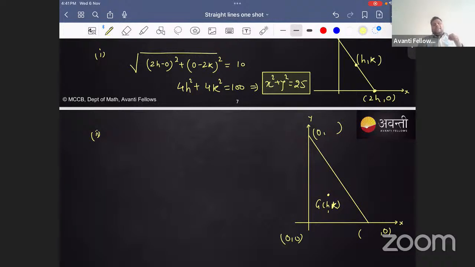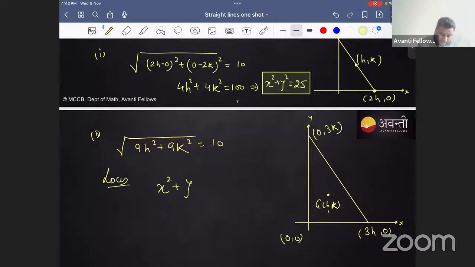See, (x1 plus x2 plus x3) by 3 equals h. So definitely it has to be 3h. And this one has to be 3k. Am I correct? So the distance between them is under root of 9h square plus 9k square equals 10. So the locus will be what?